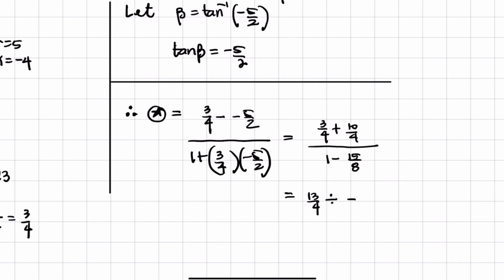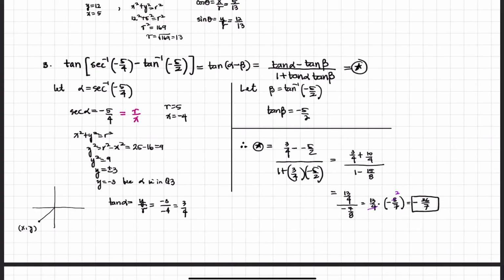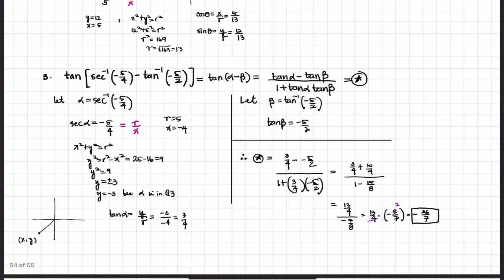Sige, i-fraction na lang natin. Divided by negative 7 over 8, or 13/4 times negative 8 over 7. Negative, ito magiging 2. Negative 26 over 7. Yan yung exact value nito.